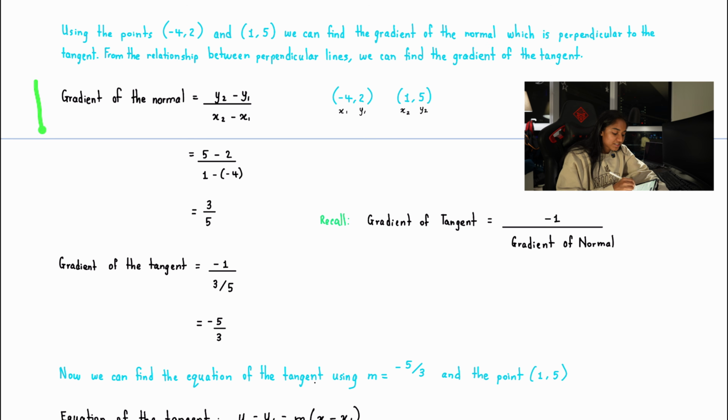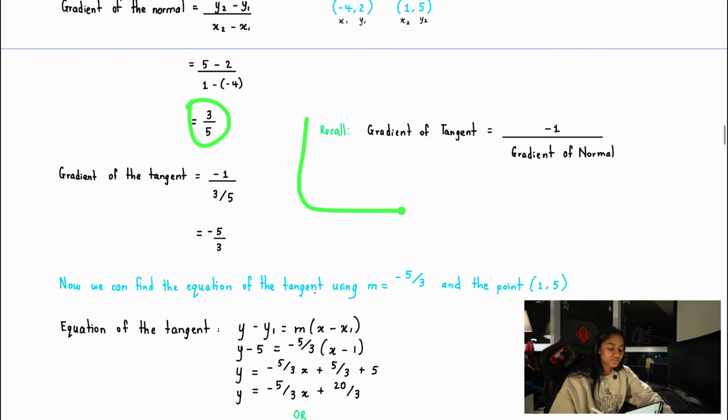Okay, so for the gradient of the normal, we use these two values. We have x1, y1, x2, y2, plugging them in here, substituted everything, and simplified to get 3 over 5. And then we're going to use this relationship to find the gradient of the tangent. So minus 1 over 3 over 5, and then we get minus 5 over 3.